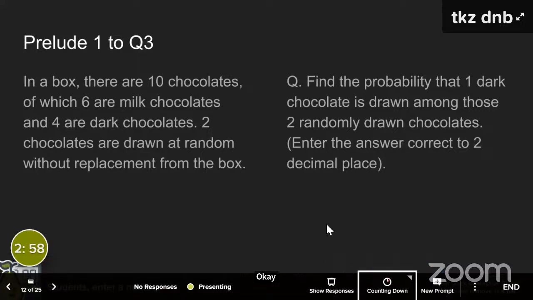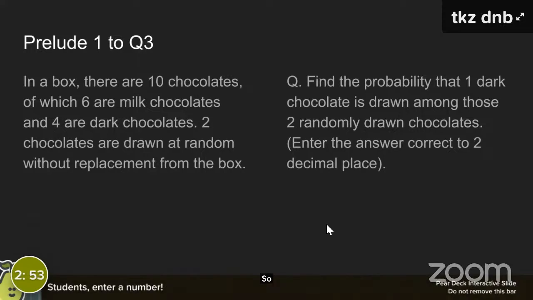So there are 10 chocolates, 6 are milk chocolate and 4 are dark chocolates. We have to take two chocolates at random without replacement. Then calculate the probability that one dark chocolate is drawn among those two.